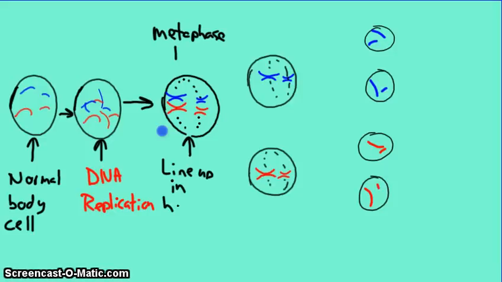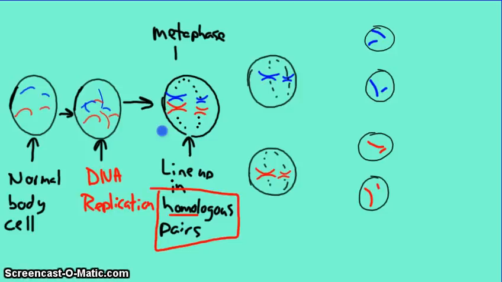in homologous pairs. And that is a vocab word that you are going to want to be familiar with. Homo means same. That root word means same. So homologous pairs are pairs of the same type of chromosome. So in this case, the long ones have paired up and the short ones have paired up.